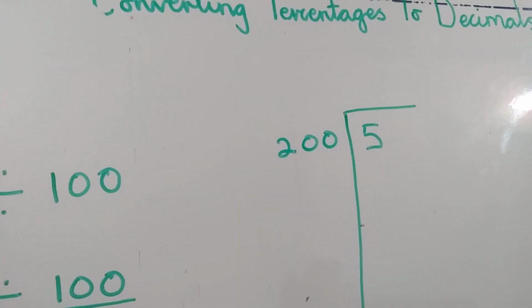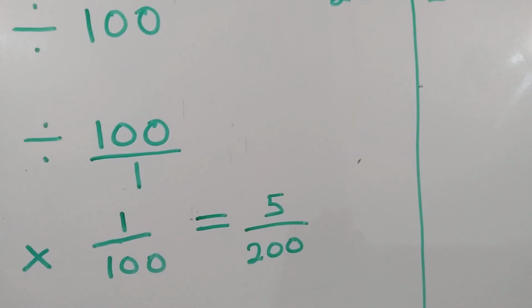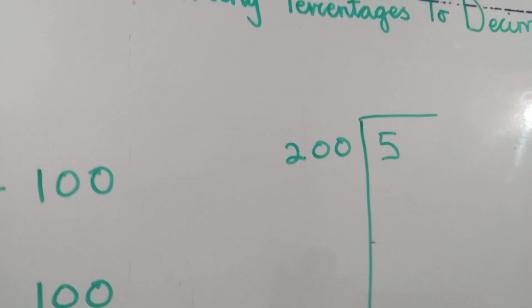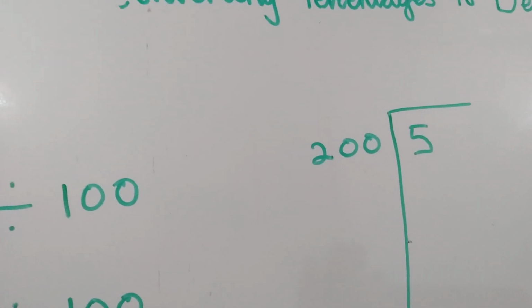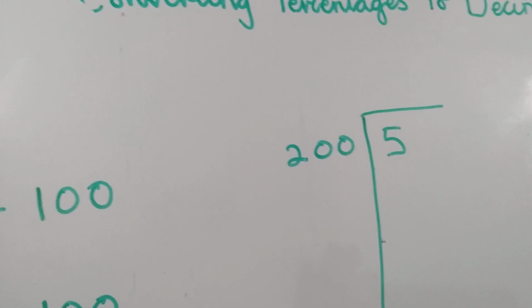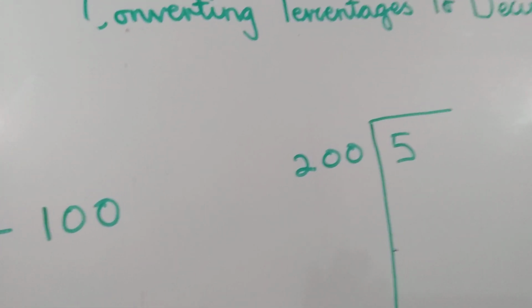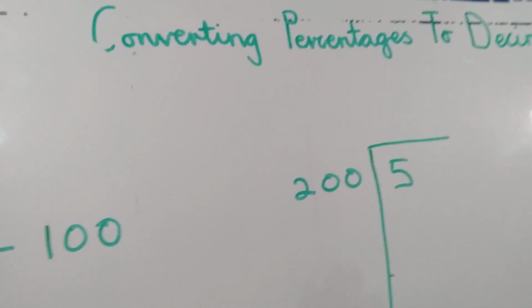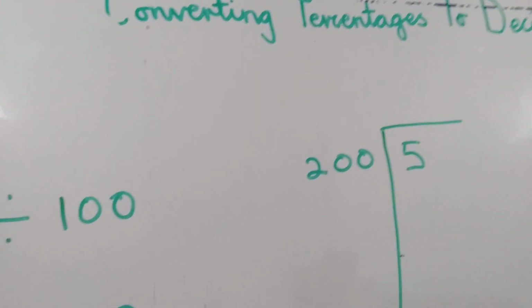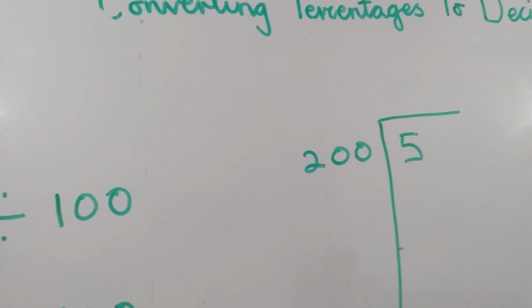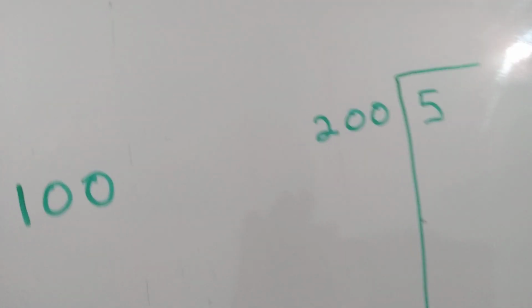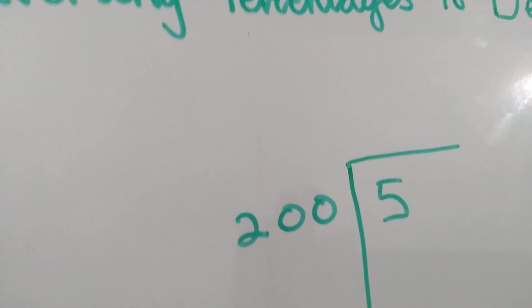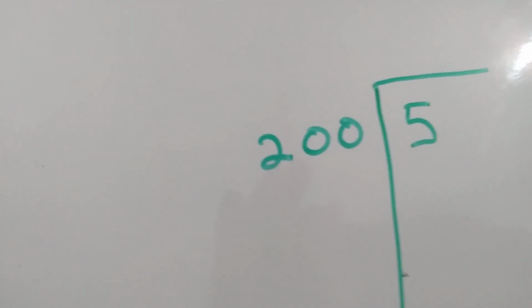Good? Or it also means you have 5 things and you're trying to get groups of 200. Good? To make the language easier for you to understand. Now, normally that is not possible, but we want to make it possible. You have 5 ones. So this is what I showed you in your decimal chart before. This is what you're doing here now.